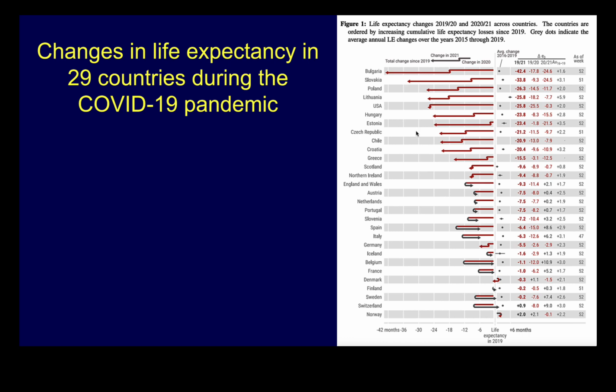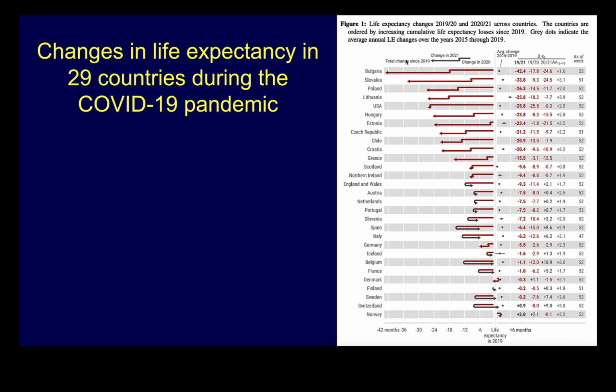So just to orient you here, the first part of each of these arrows represents the change in life expectancy in months during 2020, and the second part after this little jag represents the change in 2021. And so in Bulgaria, for example, there's almost a 40 month decline in life expectancy, about 42 months, or almost 4 years.